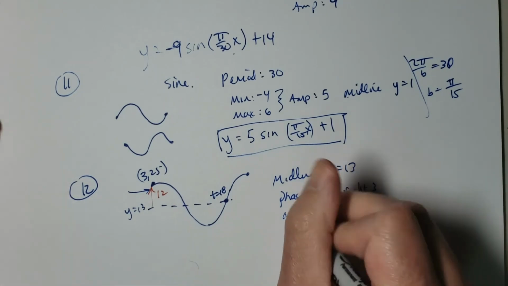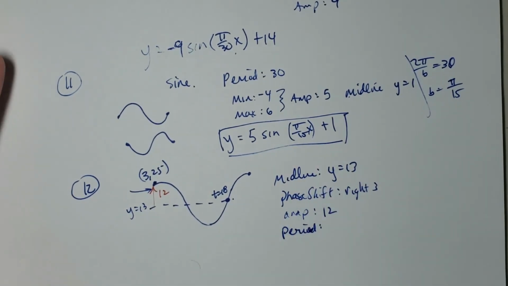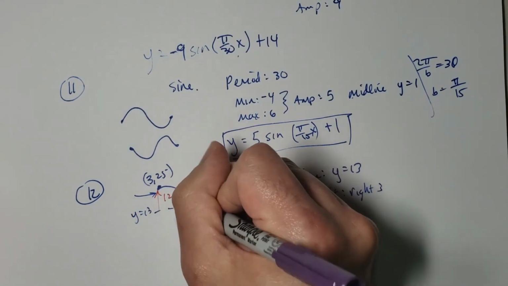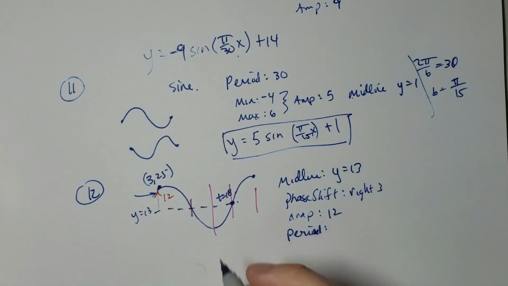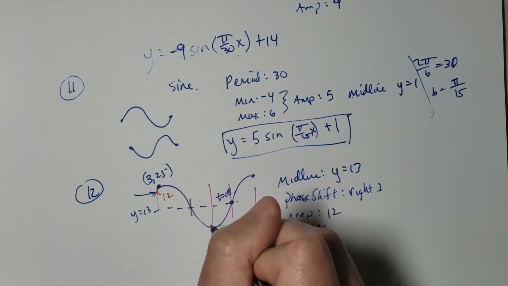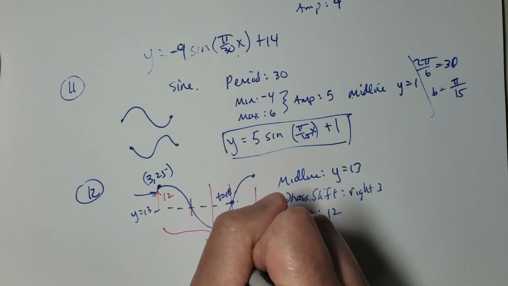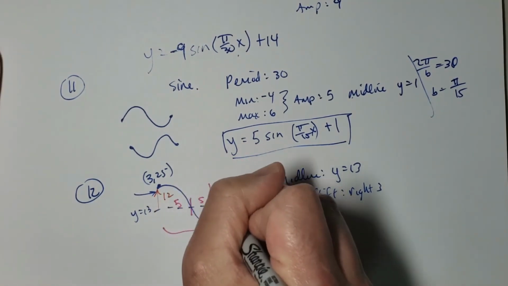And we need to find the period. What makes this one tricky is that the period is cut up into 4 sections. And for this, it says that from 3 to 18, those 15 seconds gets you through those 3 fractions of the cycle, which means that each one is going to be 5.